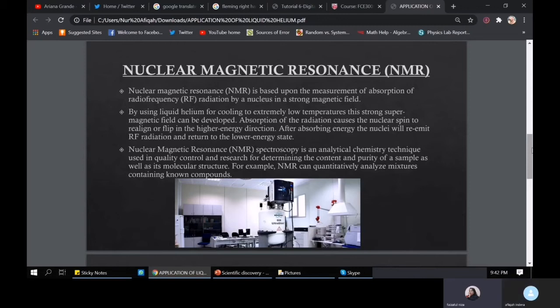Absorption of the radiation causes the nuclear spin to rearrange or flip to the higher energy direction. After absorbing energy, the nuclei will re-emit the radio frequency radiation and return to the lower energy state. That is basically the purpose of nuclear magnetic resonance.